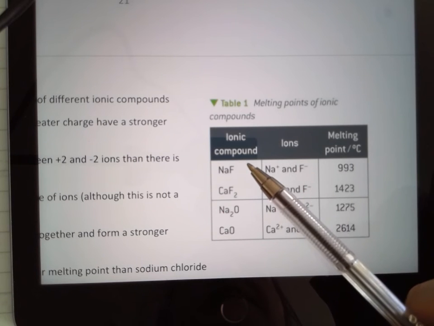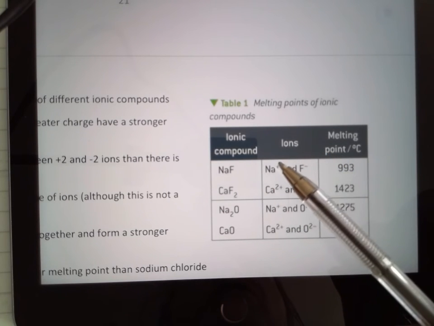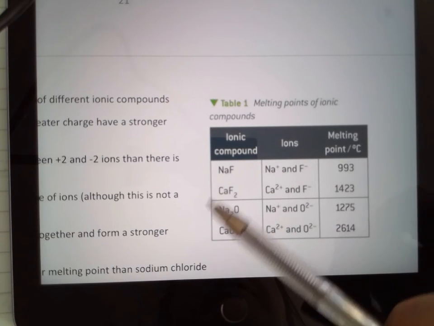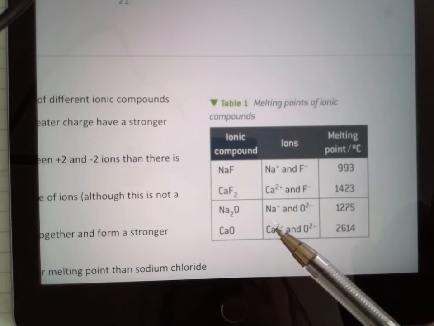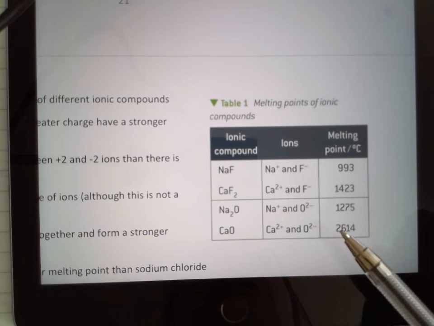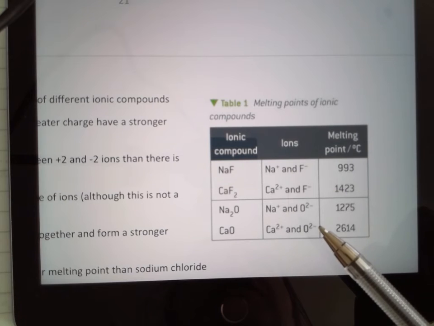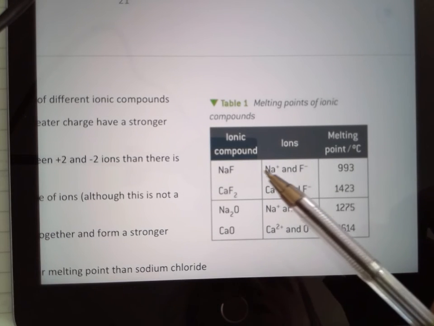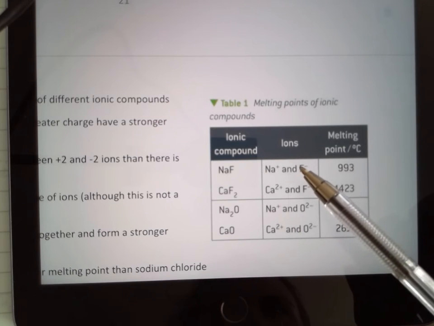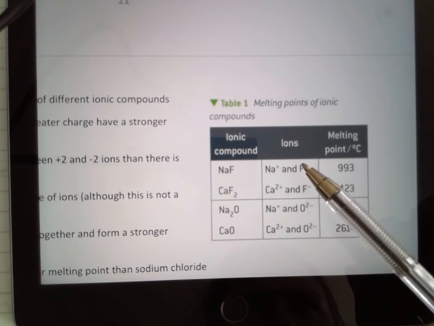So if we look at NaF, where you have got a positive sodium and a negative fluorine, compare that to CaO, where you've got a 2+ charge on the calcium and a 2- charge on the oxygen, the attraction between the 2+ and the 2- is much greater than between the 1+ and the 1-. So the greater the charge on the ions, the stronger the attraction between them.